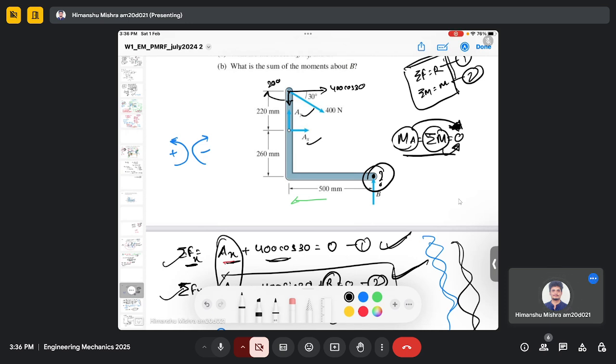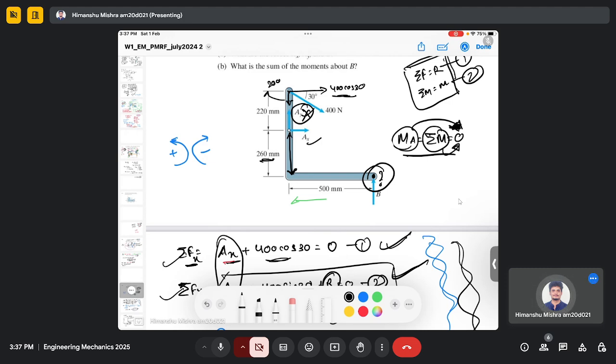So now as usual, we need to identify the force which induces the moment at point B. For that we need a non-zero perpendicular distance. So AX has a non-zero perpendicular distance to B, which is this 260 millimeter. AY doesn't have any perpendicular distance, so AY will not induce any moment at point B. AX will, because it has 260. It has perpendicular distance 260 millimeter from point B.